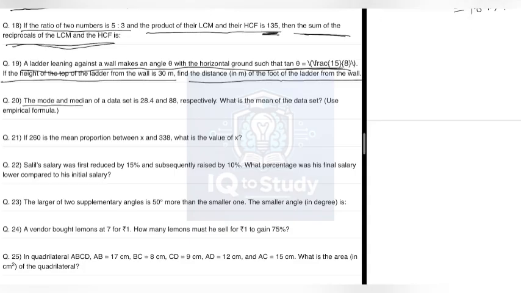The mode and median of a data set are 28.4 and 88 respectively. What is the mean of the data set?